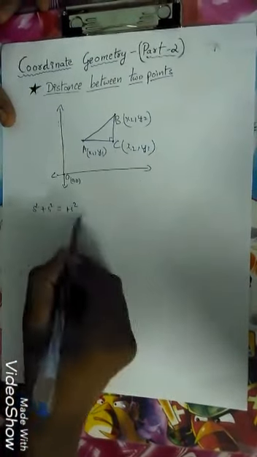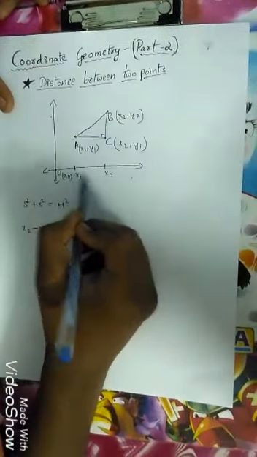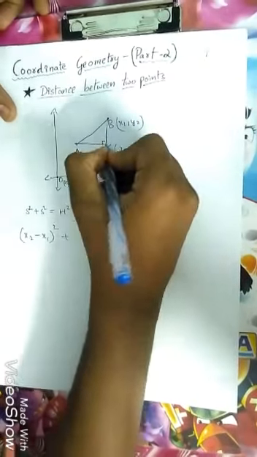Okay, now by applying the Pythagoras theorem, the length of AC is the difference between these two coordinates, which is x2 minus x1. So (x2 minus x1) whole square, plus now this side BC.